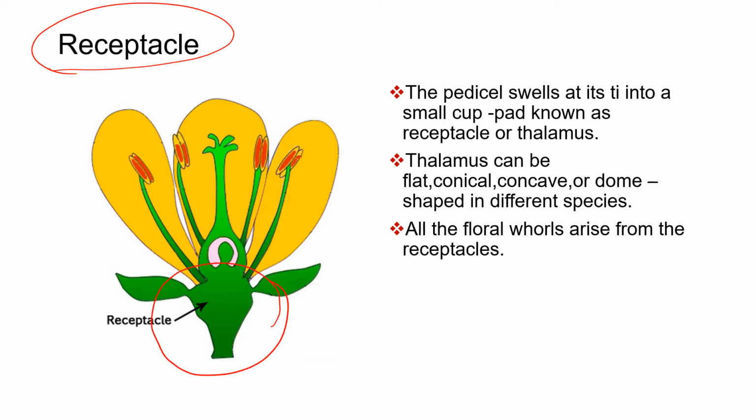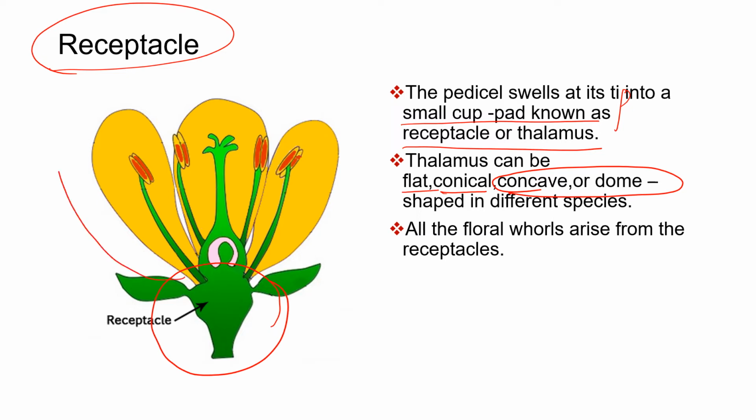The pedicel swells at the tip into a small cup-like structure called the receptacle or the thalamus. The thalamus has different shapes: it is either flat, conical, concave or dome shaped. All the floral whorls arise from the receptacle.